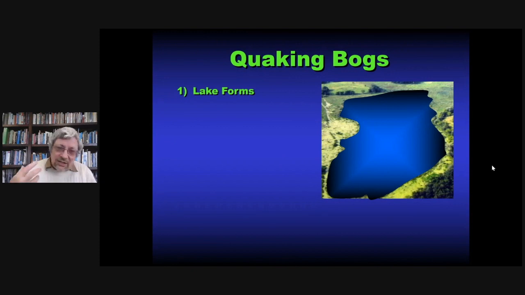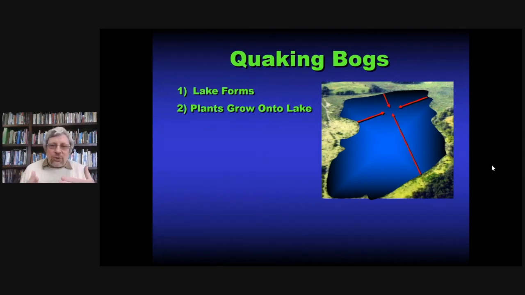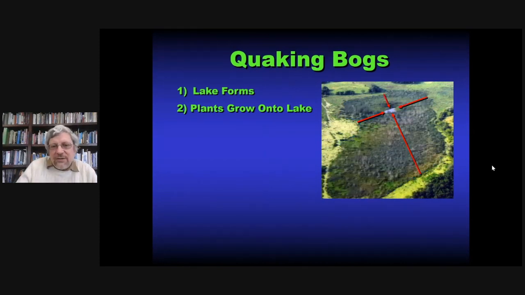The theory on how they form is that there was a lake formed. Usually, the argument goes, a large piece of ice from the retreating glaciers was left in the sediment and melted, leaving a lake. Plants grow out from the shoreline of the lake across the top of the water towards the center of the lake.